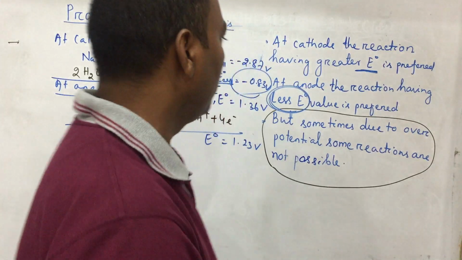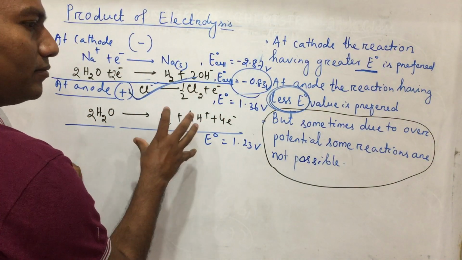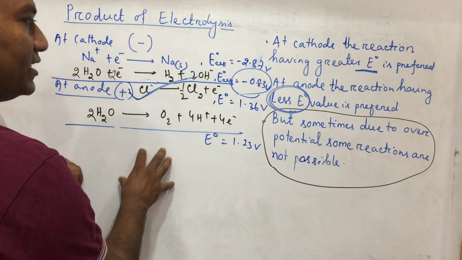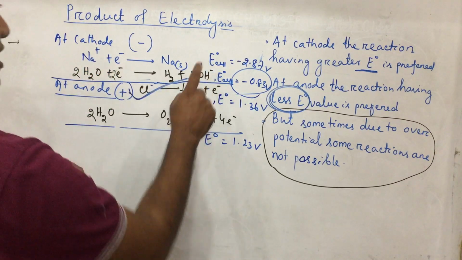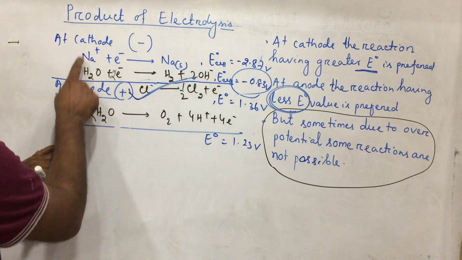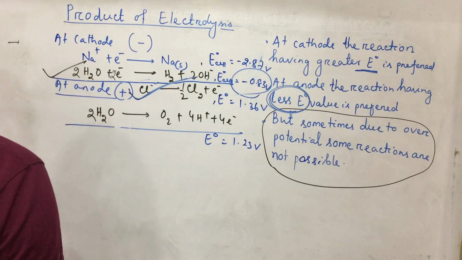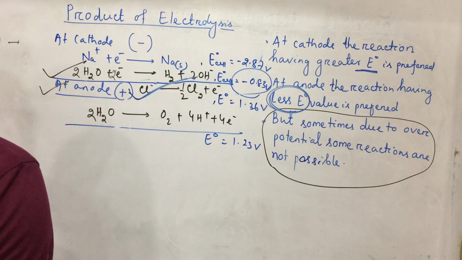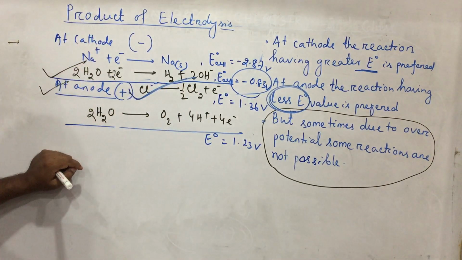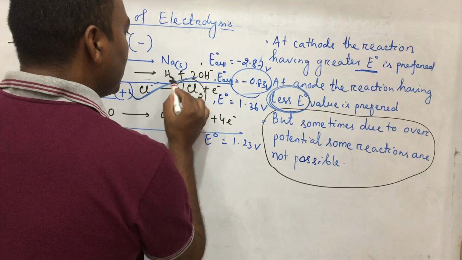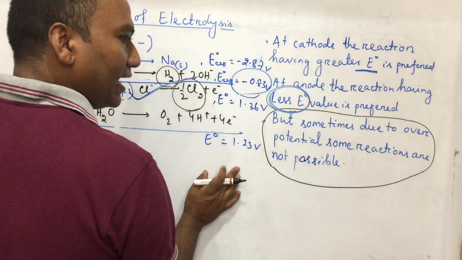Got the idea? So our question was to predict the electrolysis of aqueous NaCl. At cathode this reaction is preferred, at anode this reaction is preferred. That means at cathode hydrogen gas is evolved, at anode chlorine gas is evolved, and the medium of the solution becomes alkaline in nature.